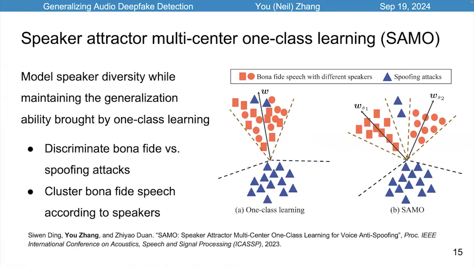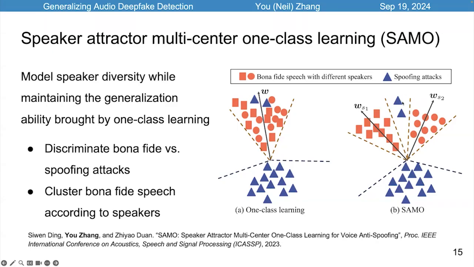One of them is speaker attractor multi-center one-class learning, where the general idea is, instead of clustering the bona fide speech around just one center, we also incorporate the speaker information so that the bona fide speech can be represented as multiple centers, and the spoofing attacks can then be separated away.